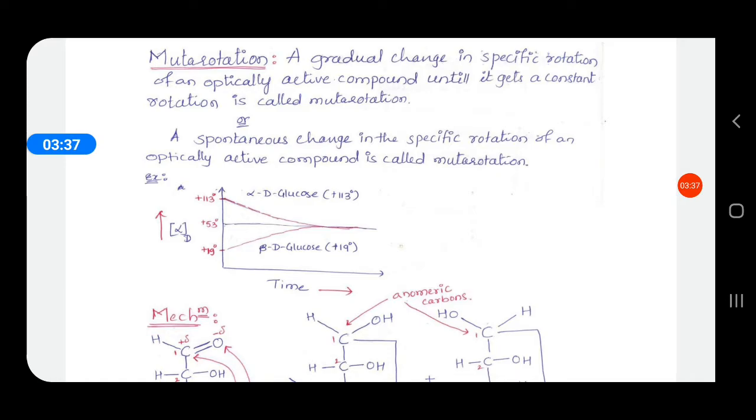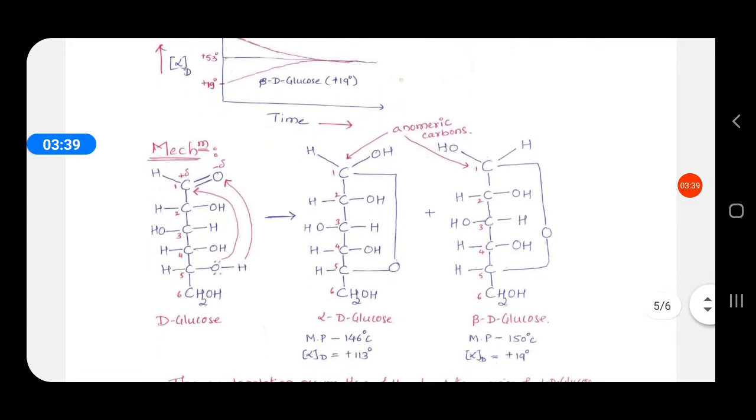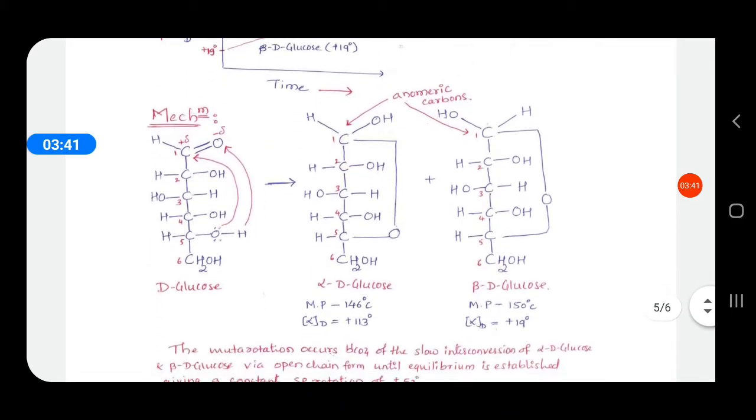The mechanism for this can be explained again by taking glucose as an example. In glucose, it is chemically proved that the first carbon and fifth carbon are involved. So the carbonyl group of the first carbon and the hydroxyl group of the fifth carbon are involved here.